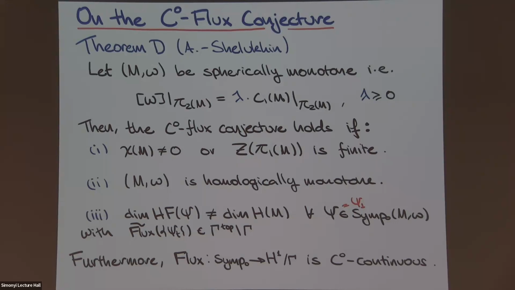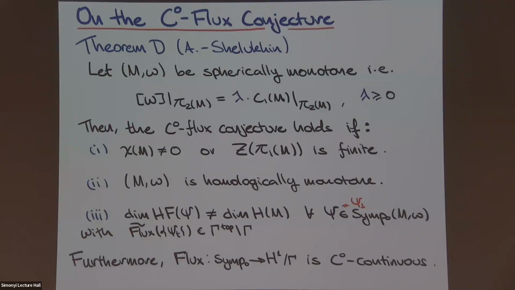And moreover, what we show is that in the spherically monotone setting, in either of these three situations here, the flux map, which descends from Symp0 to the quotient, is C0 continuous. And this is new even in the case of the symplectic torus.